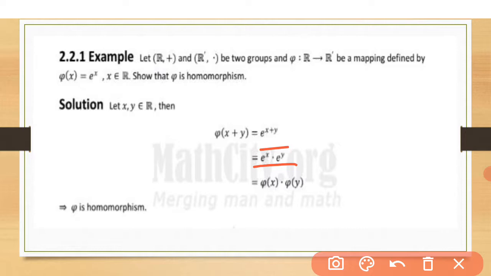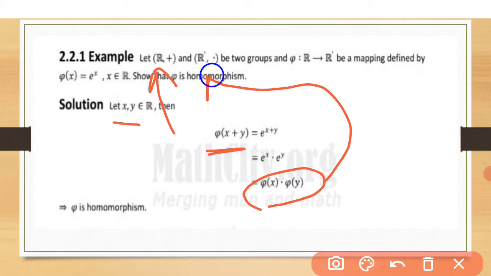We know that e raised to power x is equal to phi of x, and similarly e raised to power y will be equal to phi of y. We can see that this is addition on one side, and this looks like multiplication on the other. So phi is a homomorphism.